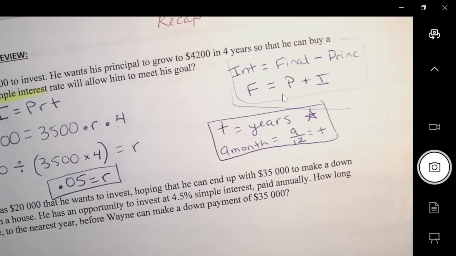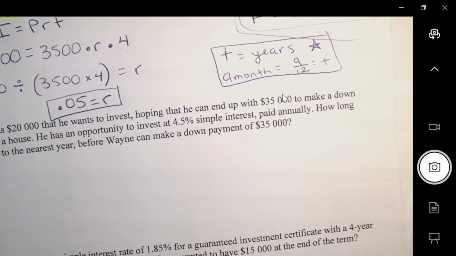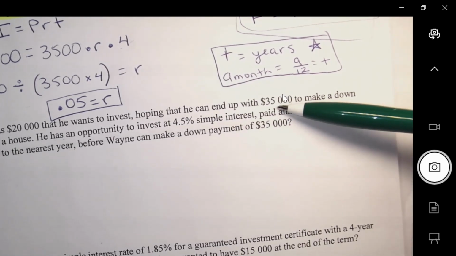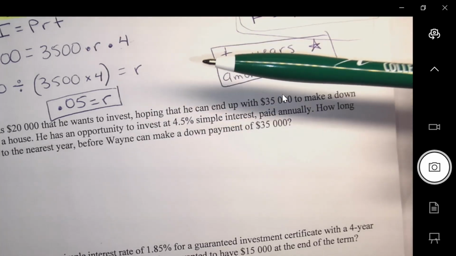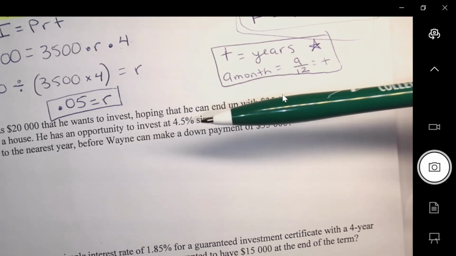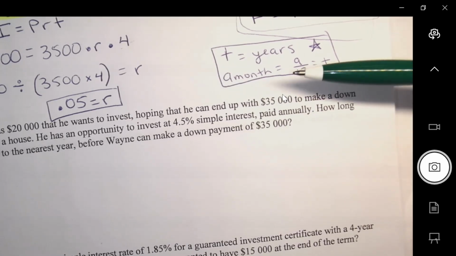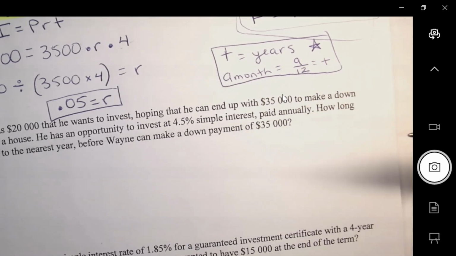Okay, number 2. Wayne has 20 grand. He wants to invest and he wants to end up with 35,000 to make a down payment. He has an opportunity to invest 4.5% paid annually. How long will it take? So, 3 strategies.